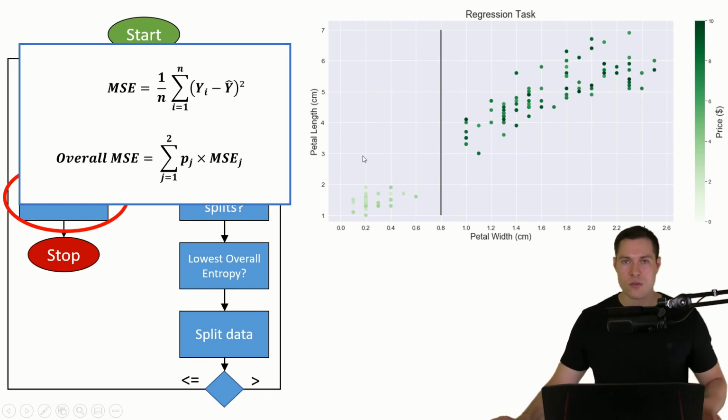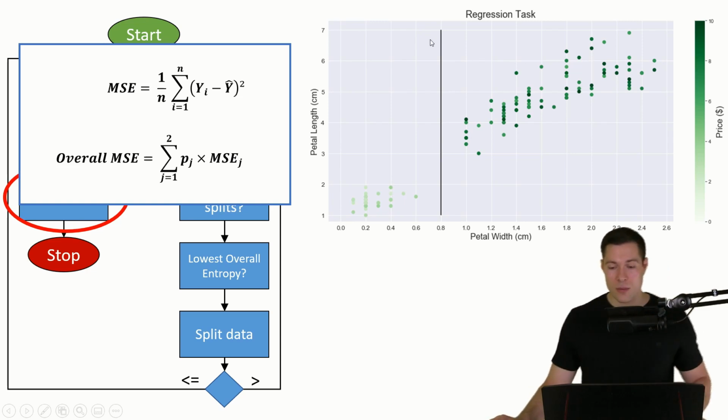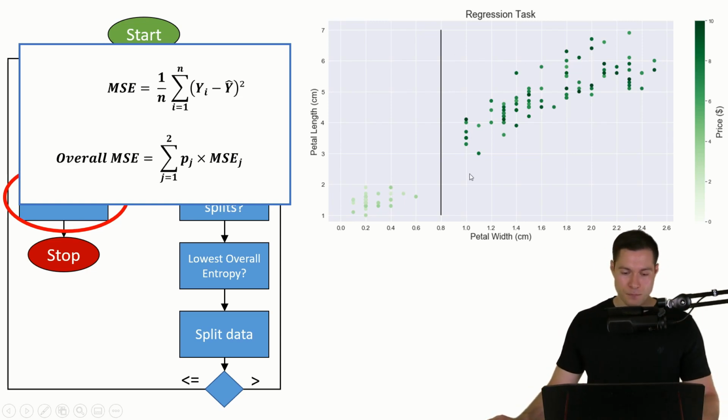And therefore, of course, the mean squared error of the right side is also going to be relatively small. And the same kind of reasoning applies to the left side. Only here, we only have flowers with a generally low price. So the mean squared error also is going to be relatively low. And therefore, of course, the overall mean squared error is also going to be relatively low for this split.